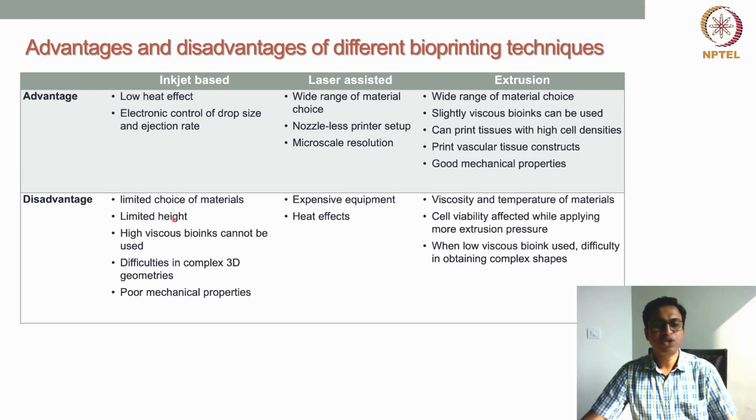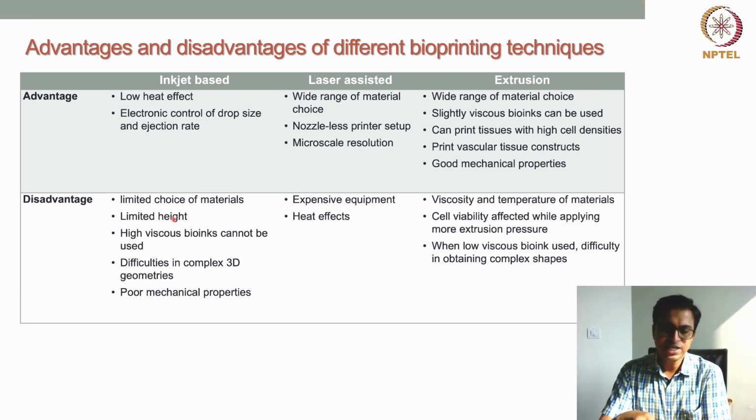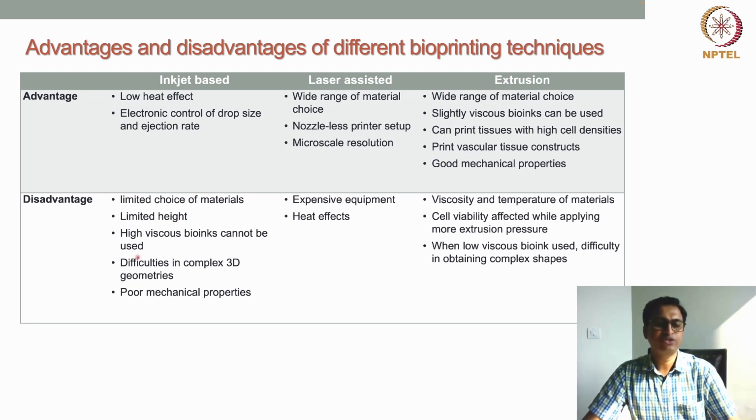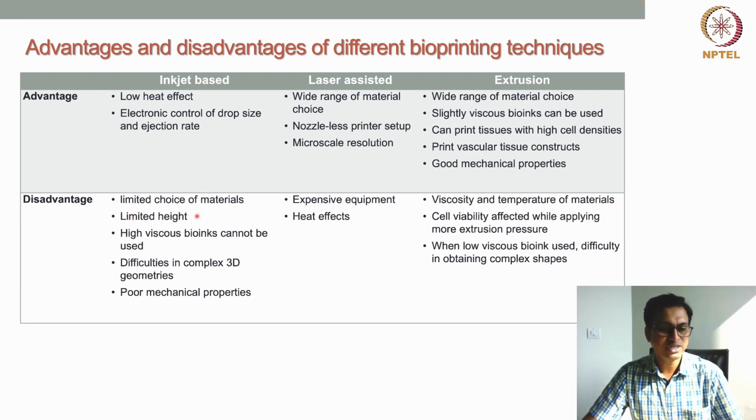As I have discussed earlier, with a very low viscous material we cannot make three-dimensional structures, because if we put a drop on the stage or on the preceding drop, it will collapse or just slide away. So I cannot create three-dimensional structures with inkjet based bioprinting, unless I use some support structure like biopaper or something.